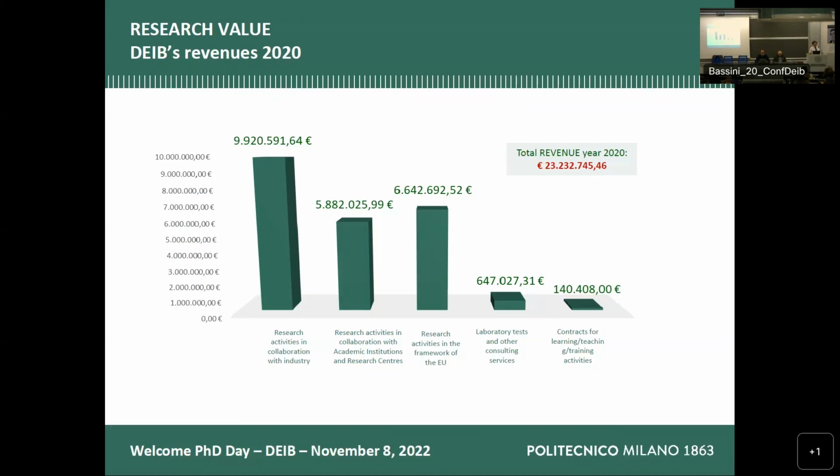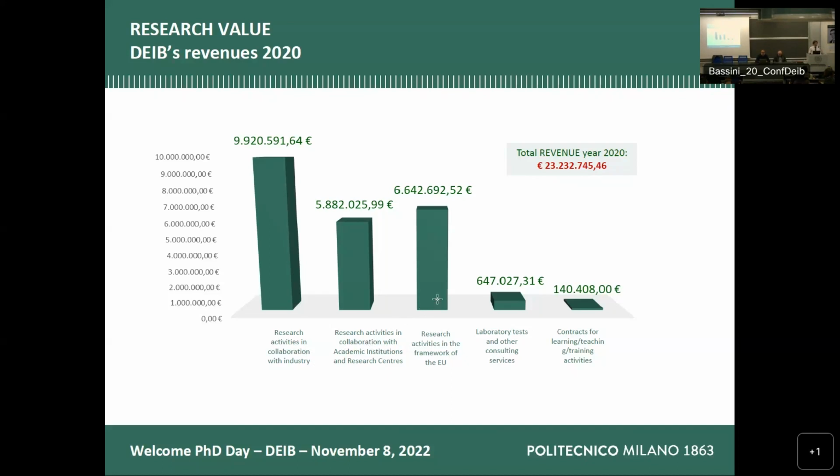This is a slide related to DEIB revenues of 2020, and we have reached about 23 million euros, divided into research activities in collaboration with the industry, that is about 9 million euros. Also research activities with the academic institutions and research centers, about 5 million euros.